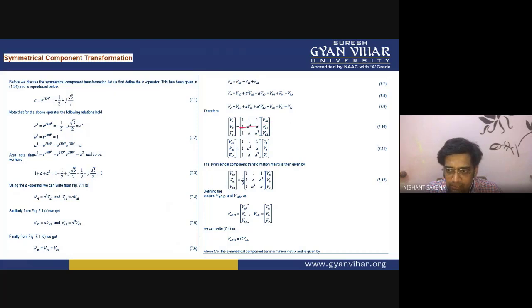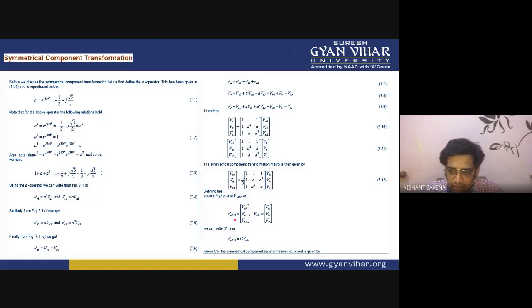In the matrix form, if I rewrite these three equations 7.7, 7.8, and 7.9, I can rewrite that in the matrix form as VA, VB, VC equal to a matrix times VA0, VA1, and VA2, and it would be 1, 1, 1. Now, from this, look at this. The constant values are what? 1, 1, and 1 over here. Then 1, alpha square and alpha over here.